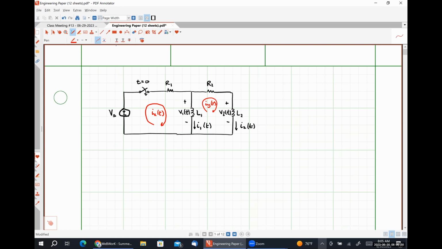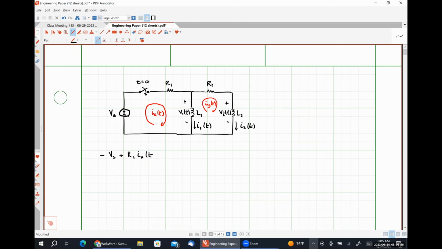Okay. So writing a KVL equation around our first mesh, or mesh X, during the transient condition is going to wind up giving us negative Vs plus R1 times Ix.